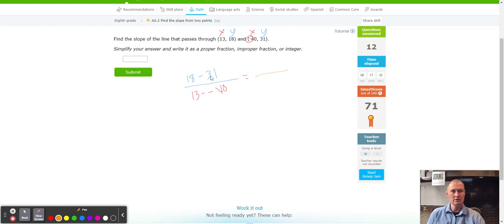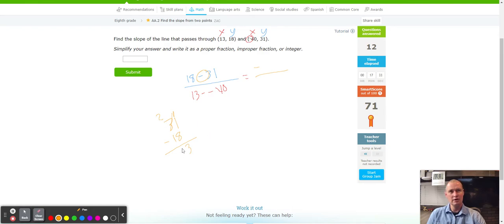18 minus 31. Ugh. Well, the magnitude of 31 is bigger, so it has to be a negative. And 31 minus 18. Now I got to borrow, so I'm going to borrow from the 3. I got a 2, which turns into 11. 11 minus 8 is, let's see, 9, 10, 11, is 3.